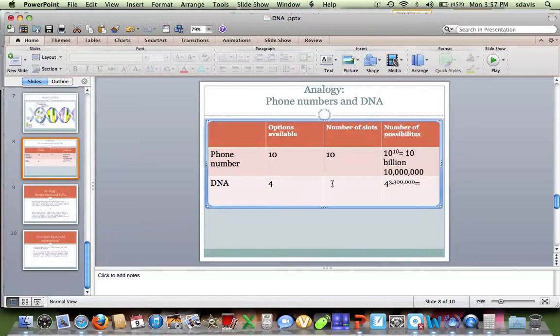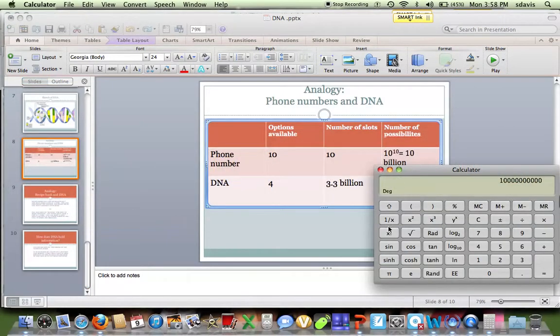Well, guess what? It is 3.3 billion. That's a huge number compared to 10. And so if we do this mathematical equation, we take 4 and we raise it to 3 billion, and we do this on the calculator, watch what happens.